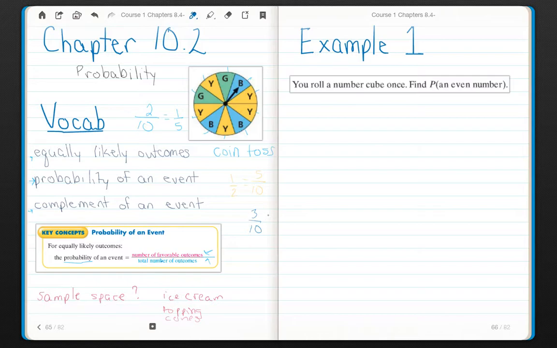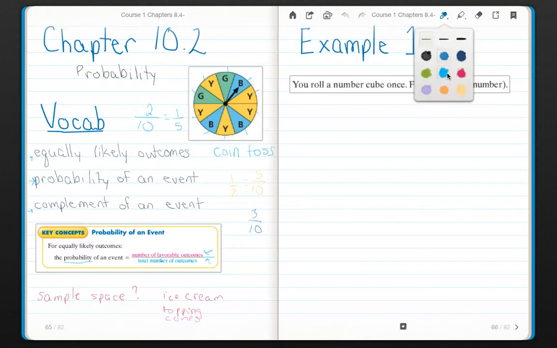So let's take a look at example 1. You roll a number cube one time. You roll a number cube once. Find P of, notice this capital P. Capital P stands for probability.